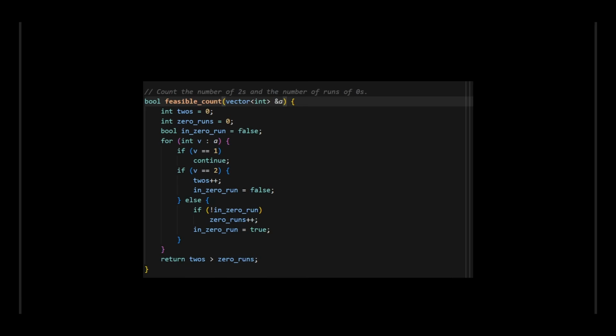So let's look at the code for that. You iterate over this array, and if you see a 1, simply ignore it, because it is an identity element. No matter what it merges with, the answer that it produces is the same. Otherwise, if you see 2's, then you start a new run of 2's, and you count the runs of 2's.